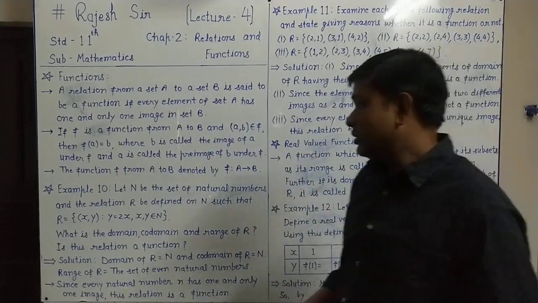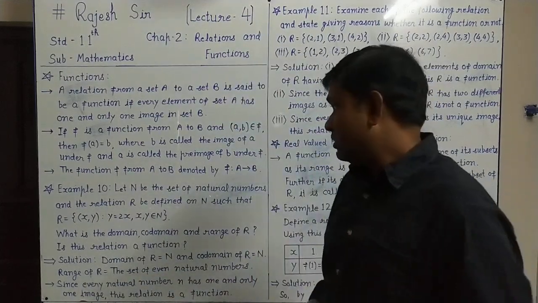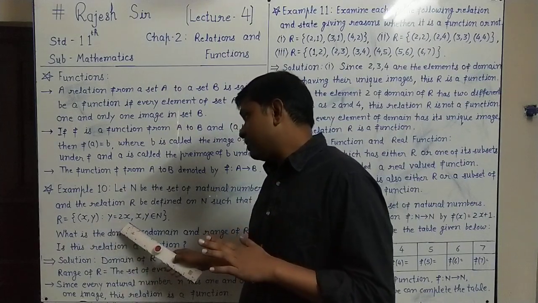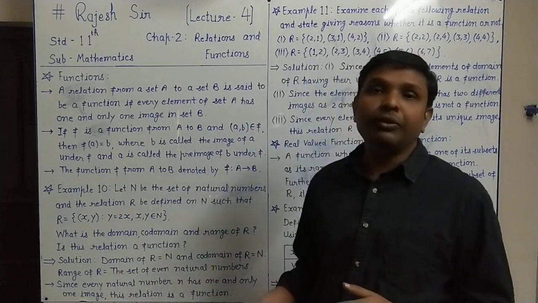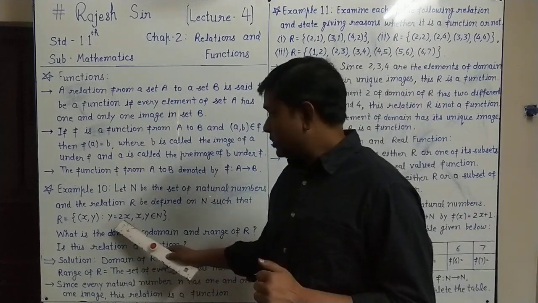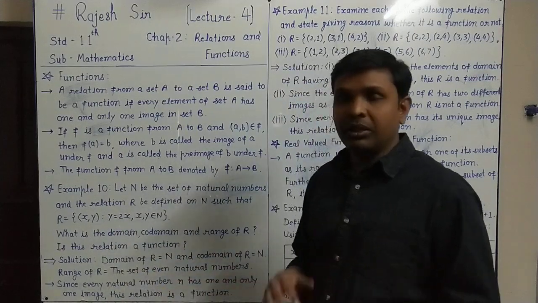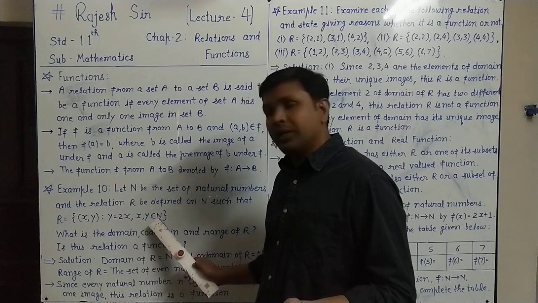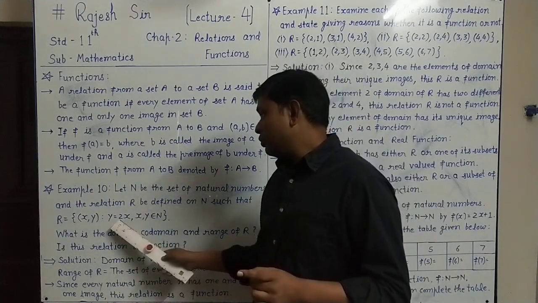About the range, range means the set of all the second elements. The second elements are y, and y is defined here as 2x. If we place x equal to the natural numbers 1, 2, 3, 4, 5, and so on, y = 2x. Taking x = 1, 2 ones are 2.